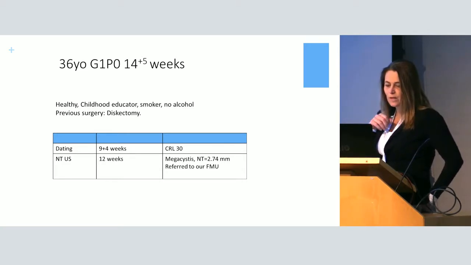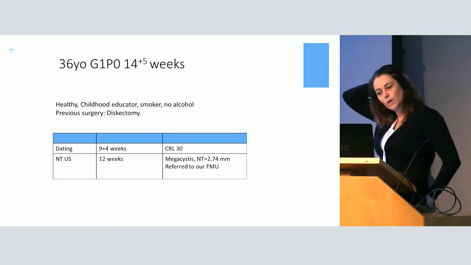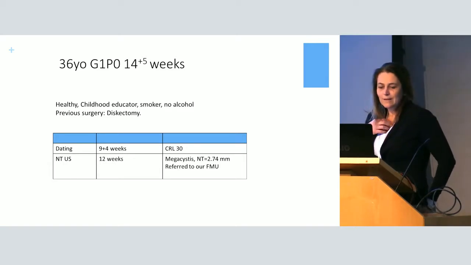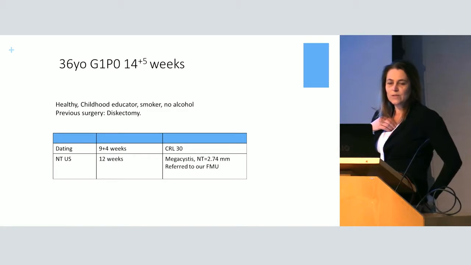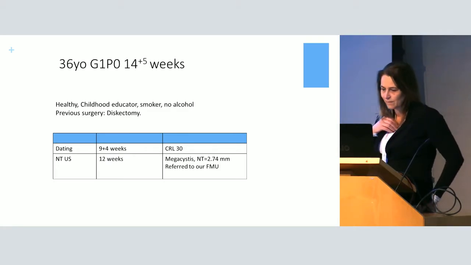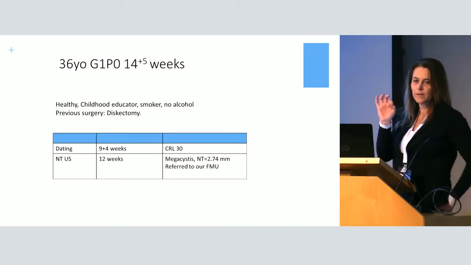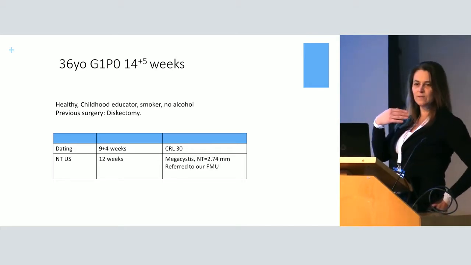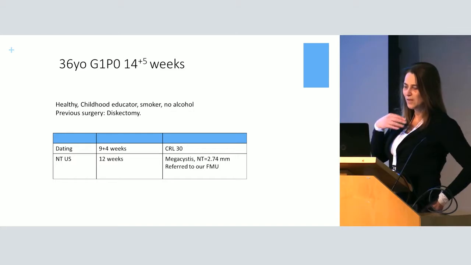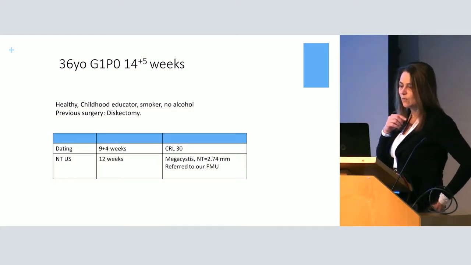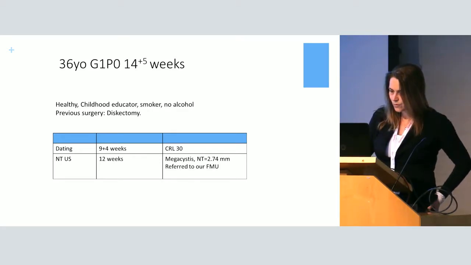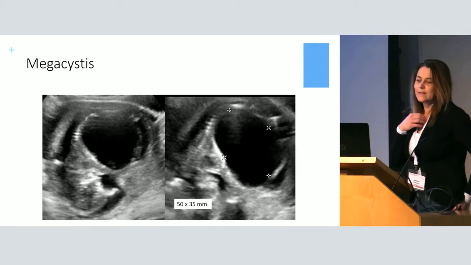She had a first ultrasound at 9 weeks just for dating, and during the ultrasound for NT at 12 weeks, a megacystis was seen. We didn't have the real measurement because in Canada you just receive the reports and not the images. So it was a generic megacystis with an NT of 2.74 millimeters, and this is why she was referred. And these are the images.